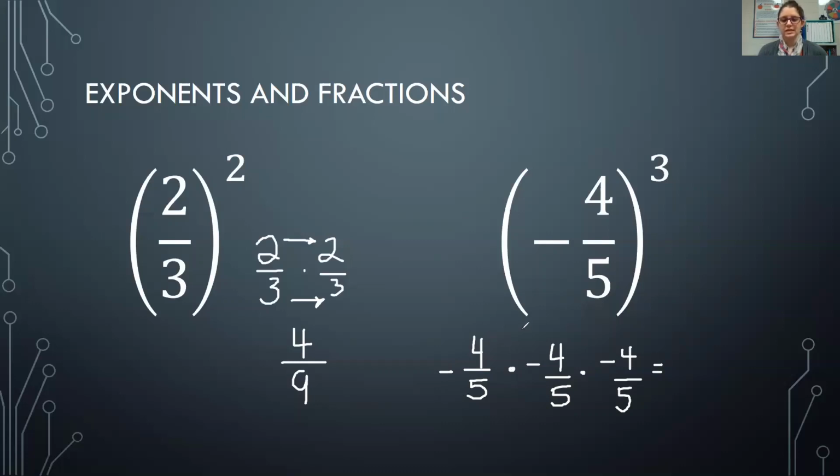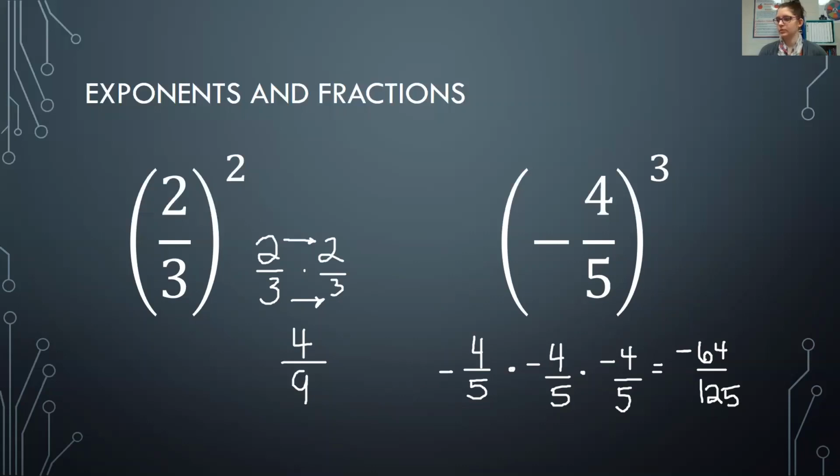So 4 times 4 is 16. 16 times 4 is 64. 5 times 5 is 25. Times another 5 is 125. A negative times a negative is a positive. A positive times a negative is a negative. So negative 4/5 to the third power is negative 64 over 125.